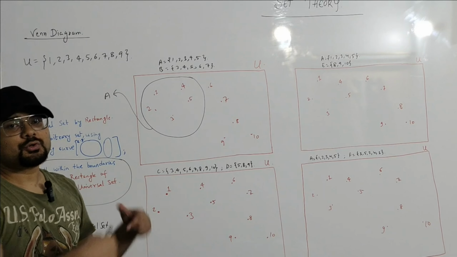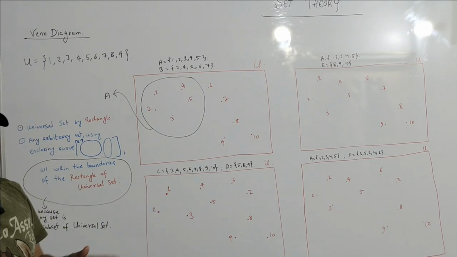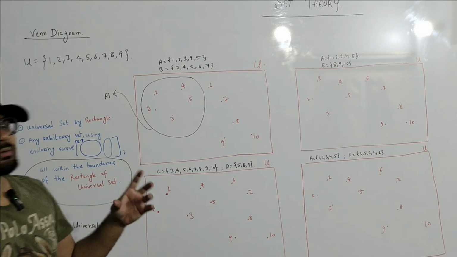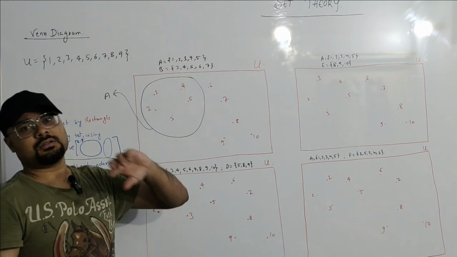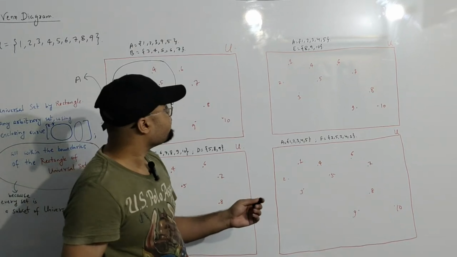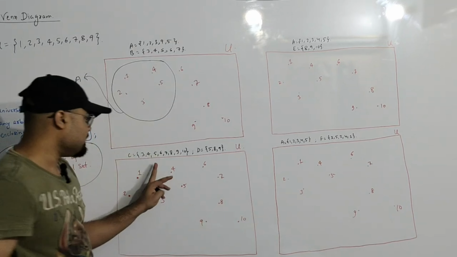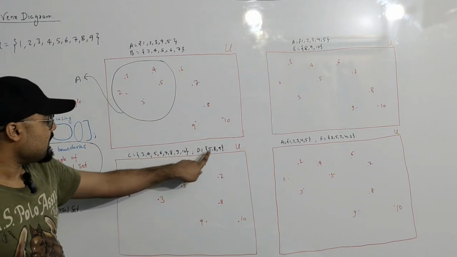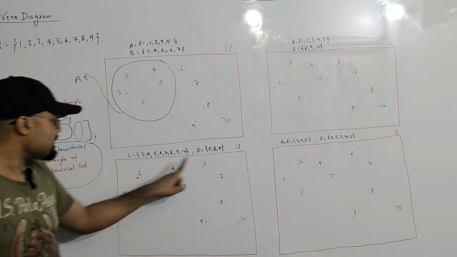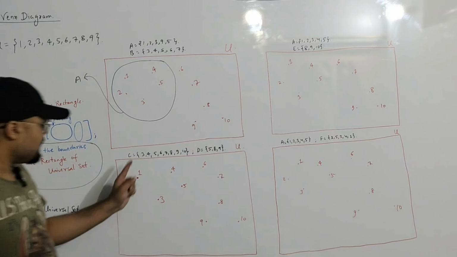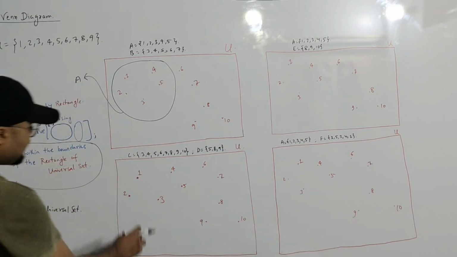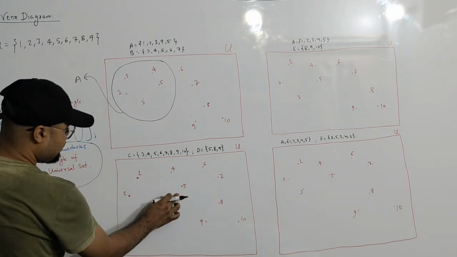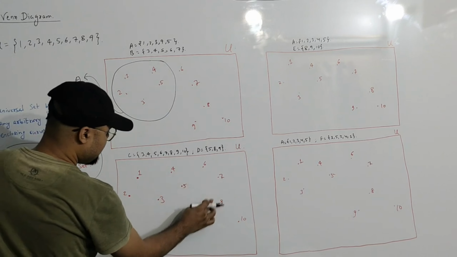If a set is a subset of some other set, in your Venn diagram it will be completely inside the superset. For example, in this case, C has 5, 8 and 9, D has 5, 8 and 9. So D is a subset of C. So let me draw C. C will have 3, 4, 5, 6, 7, 8, 9, 10.